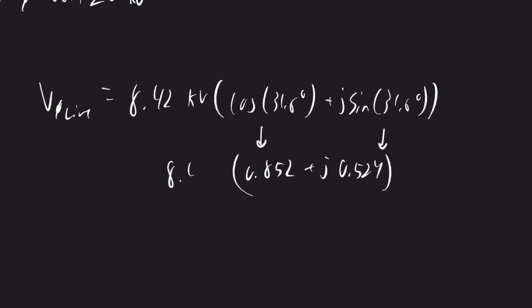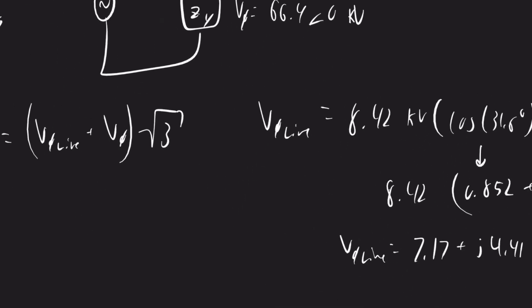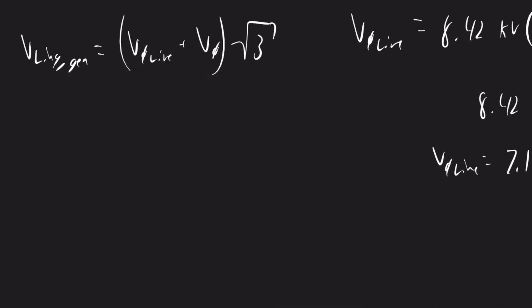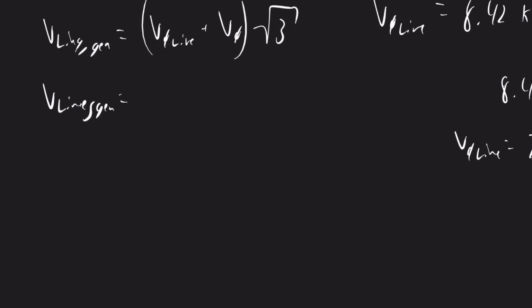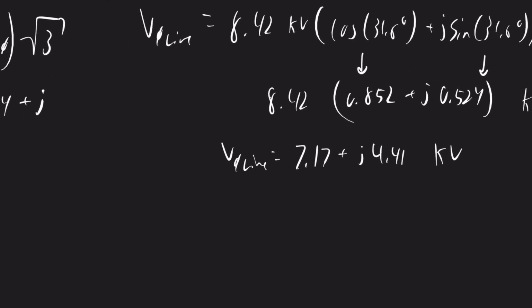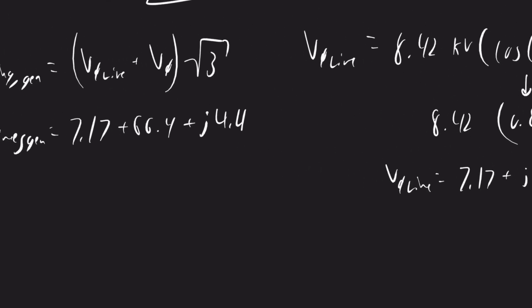Both of these will be multiplied by 8.42 kV, so it's 7.17 plus j times 4.41 kV. So now we have V phase of the line, and V phase of the load is just all real. So V line of the generator will be 7.17 plus 66.4 plus j times 4.41. So that's 73.57 plus j times 4.41.